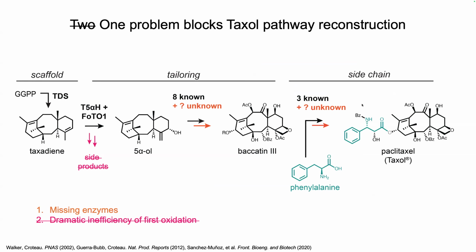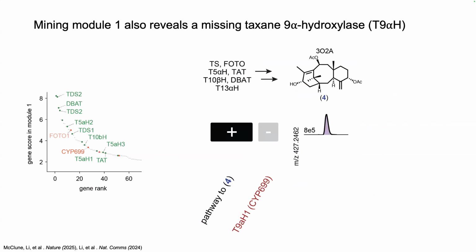All right, so this was very exciting. We had solved this sort of major hurdle in just reconstituting this pathway, but we still had a bunch of missing enzymes that we had to discover in order to actually reconstitute the majority of the chemistry here. And to do this, we combined PHOTO with 6 of the previously known enzymes in the pathway, expressed them in Nicotiana, and we could efficiently produce this early intermediate.